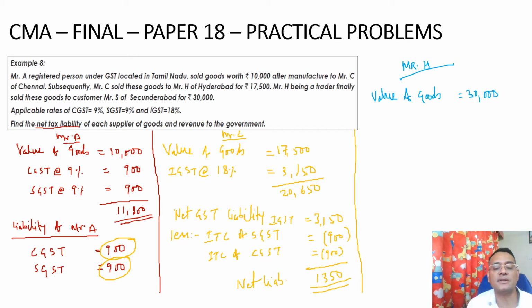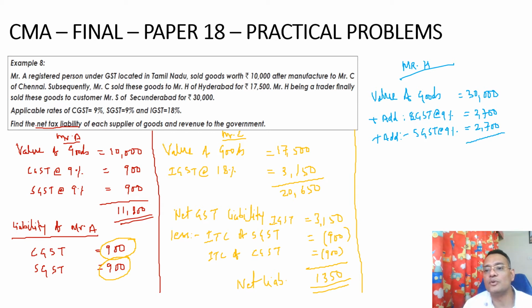Since Hyderabad and Secunderabad both are in the same state, add CGST at the rate 9%, 2,700 plus SGST at the rate 9%, 2,700 rupees.